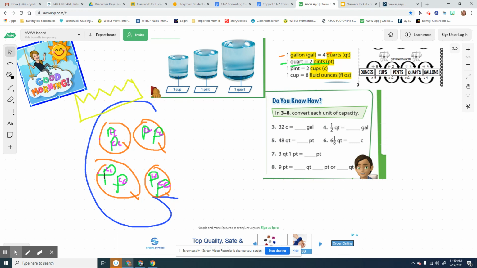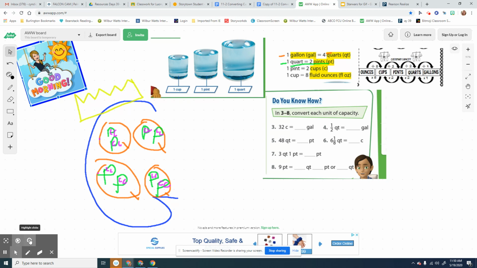In a gallon, there are 1, 2, 3, 4, 5, 6, 7, 8 pints. And in a gallon, there are 1, 2, 3, 4, 5, 6, 7, 8, 9, 10, 11, 12, 13, 14, 15, 16 cups. So knowing these measurements is going to help you do the conversions.